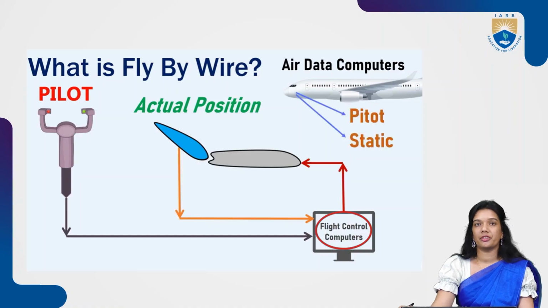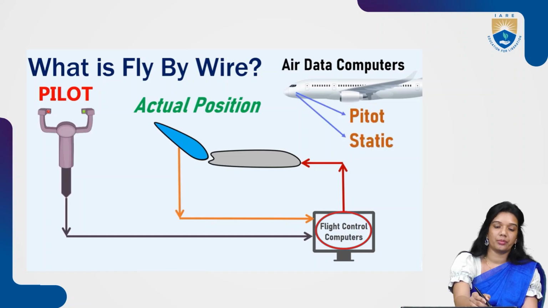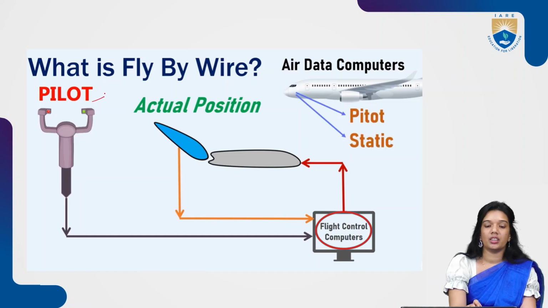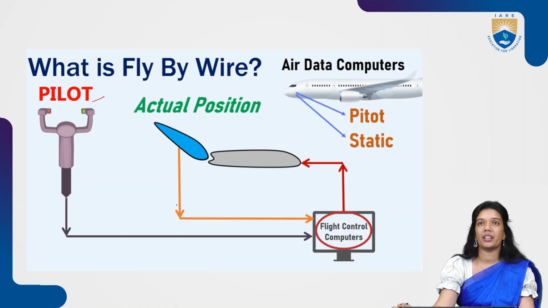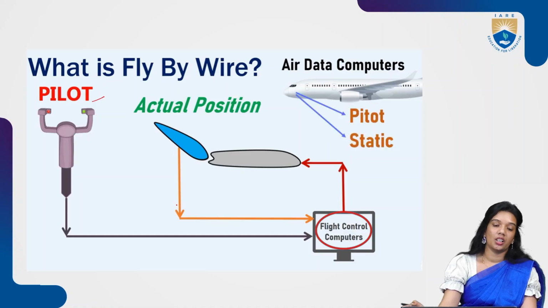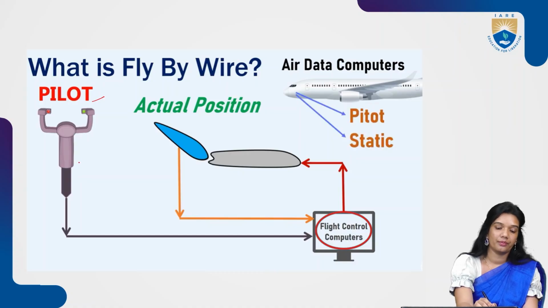For the elevators to be deflected, the initiation starts from the pilot, who gives the input. This input is passed on through the control column. The information from the control column, which is the pilot's requirement, is passed on to the next stages through a transducer.